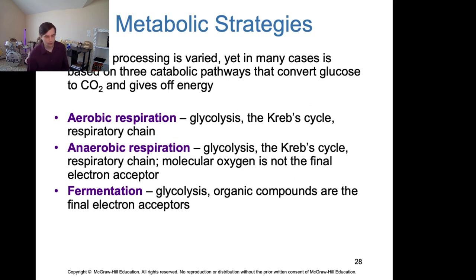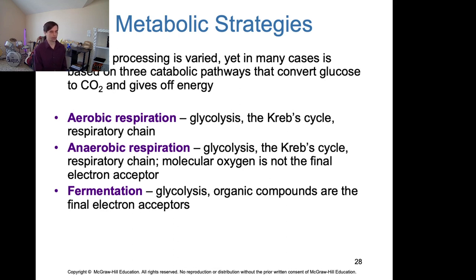So organisms that just carry out traditional metabolism and use oxygen as their electron transport chain final acceptor undergo something called aerobic respiration, breathing in the air. And then you have the opposite of that, where organisms use something other than oxygen, and this is anaerobic respiration.